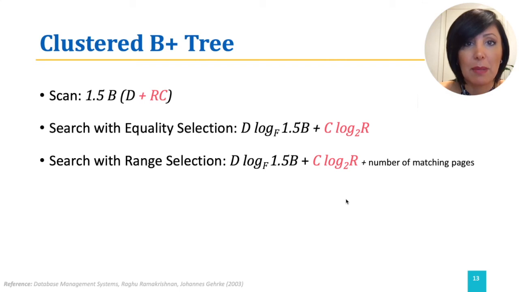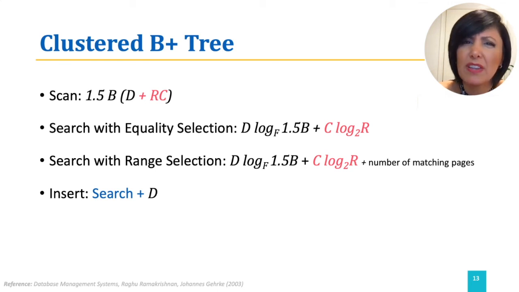In a clustered B+ tree file, we need to find the correct leaf page to insert a new record. This is similar to the cost of search. Then we must add the new record. Remember we said that the pages are on average at 67% occupancy.